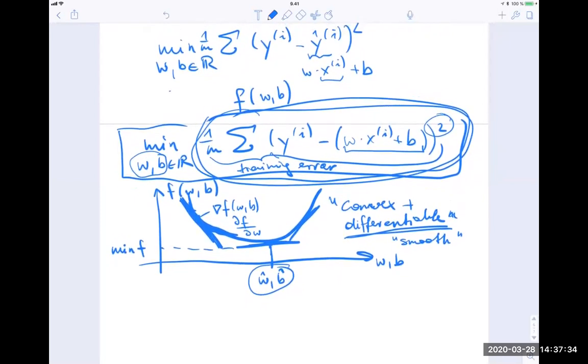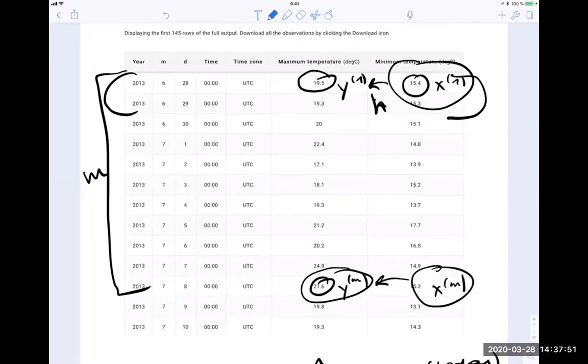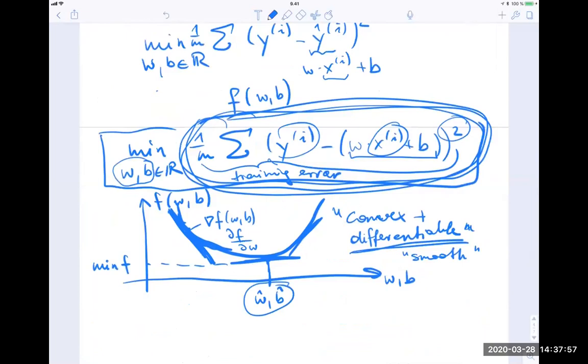Does any one of you know how we could solve this optimization problem? So I give you a bunch of numbers, which are the labels and the features of some data points. So you get these numbers from FMI. So you read it out from here. Here you have the concrete numbers. I give you these numbers, and I ask you to find the value W, the real number W, and B, which minimizes this expression here.